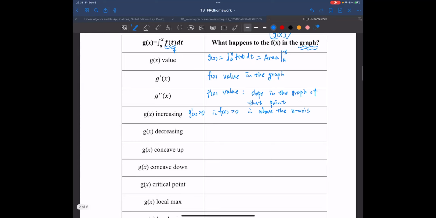And if g x is decreasing, then g prime x is negative. So f of x is negative. So the graph, which part is below the x-axis. Below the x-axis.